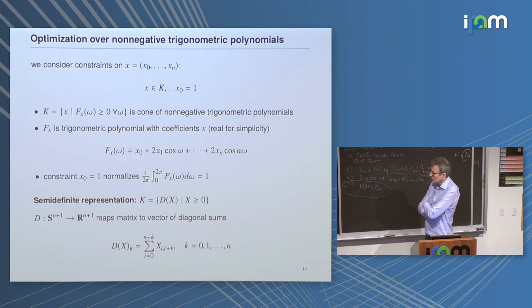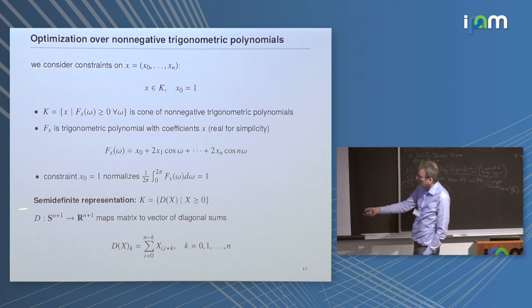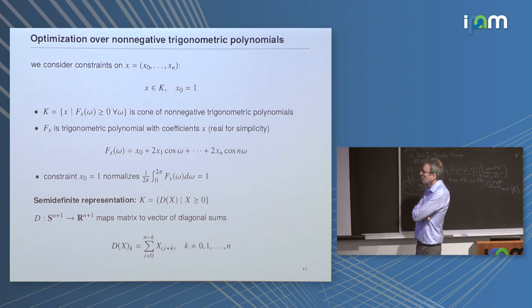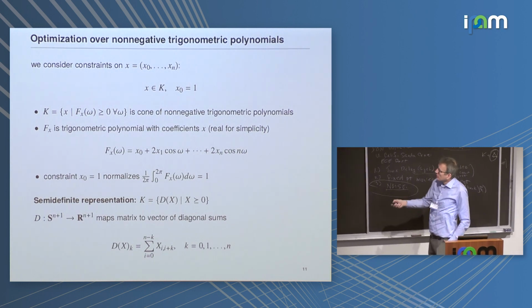And the last element is just the last element in the first column of x. So that's the linear mapping that maps this n plus 1 dimensional symmetric matrix to a vector of length n plus 1. And the SDP representation of this cone is that the polynomial defined by x is non-negative everywhere if there exists a positive semi-definite matrix X that's mapped onto x under this linear mapping.